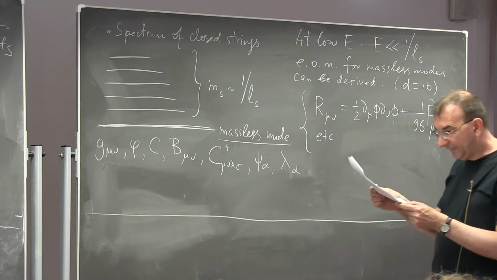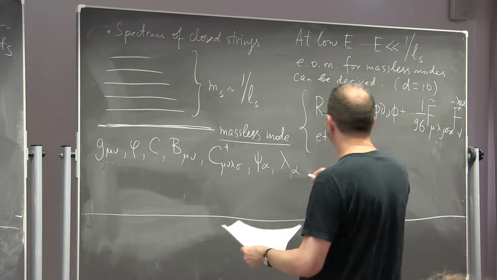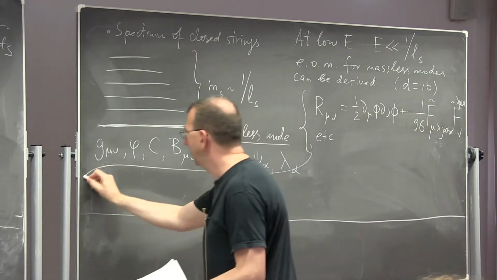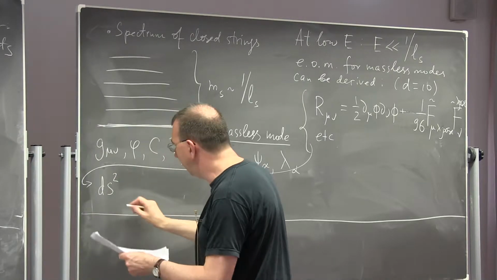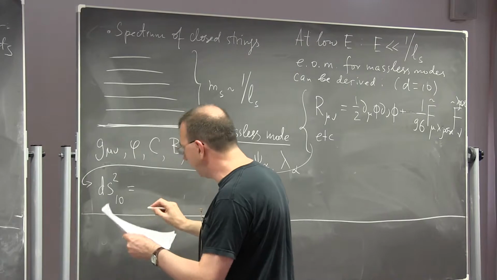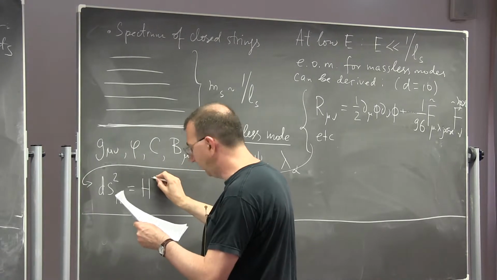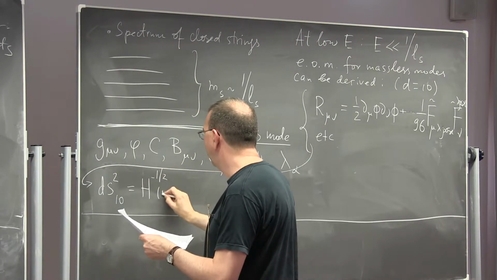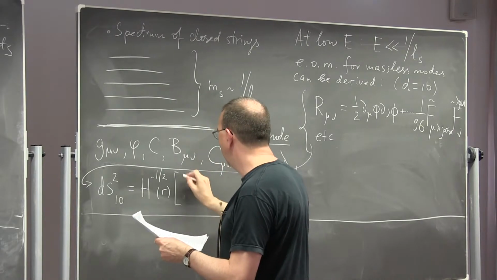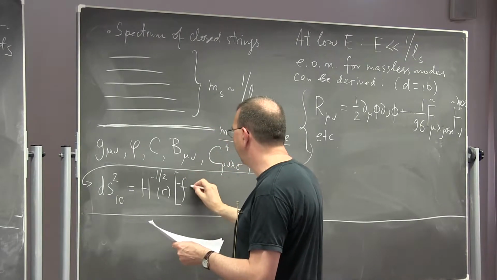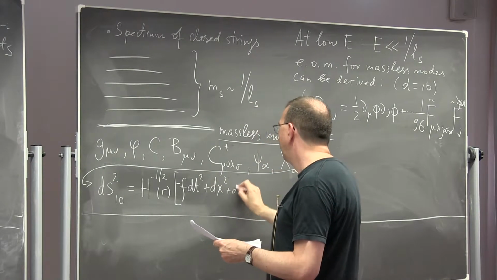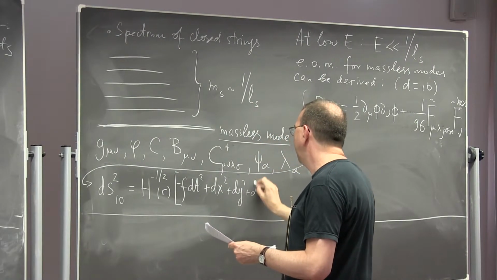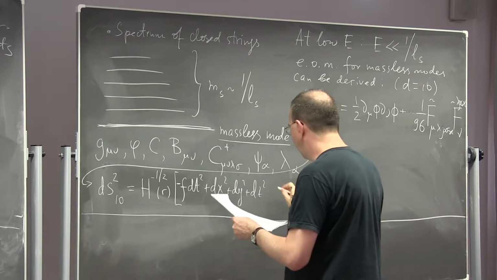So let me write this solution. One of the solutions has this interesting form. I will write the metric. ds squared, 10-dimensional, is equal to h to the power minus 1/2 of r, and here I have f with minus sign dt squared plus dx squared plus dy squared plus dz squared, and then bracket closed.